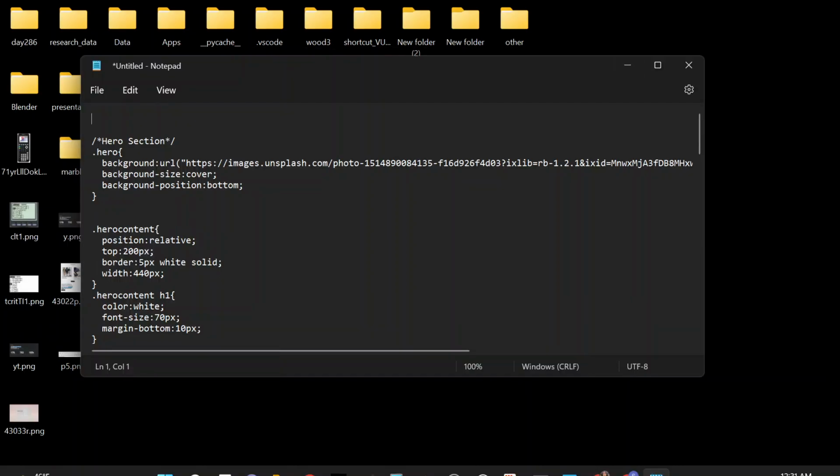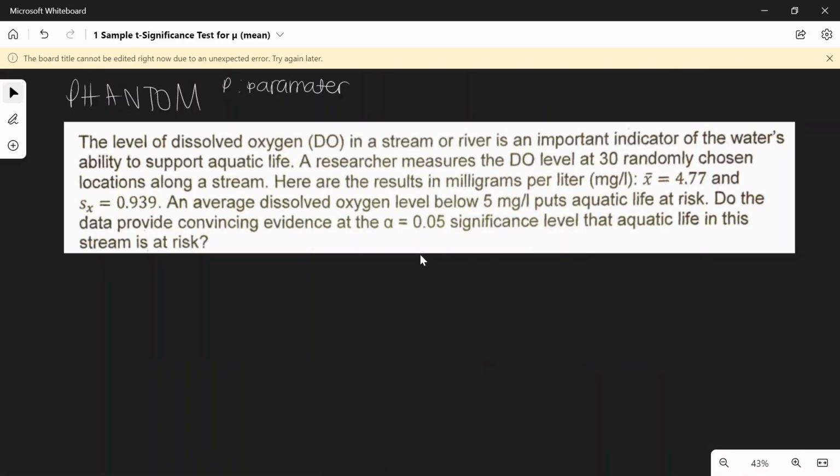Okay, today I'm going to do a one sample significance test for mean. When I think of significance tests, I think of PHANTOM. That's our little step-by-step thing that we're going to do.